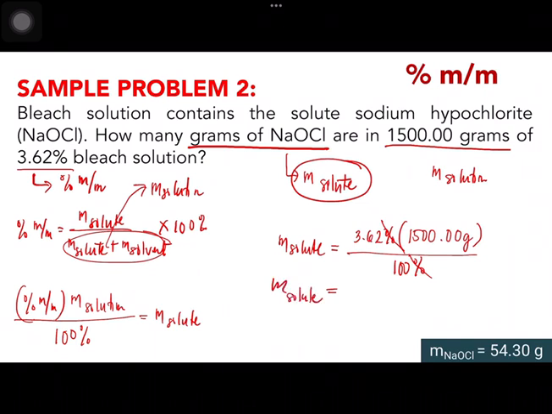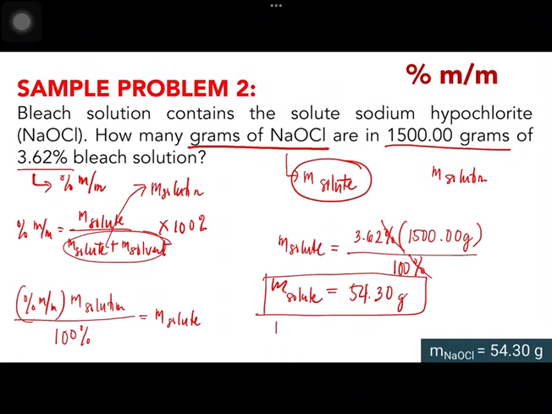So, just input in your calculator 3.62 times 1,500 over 100. So, the answer is 54.30 grams. So, ibig sabihin, kailangan mo ng 54.30 grams of sodium hypochlorite as your solute at maglagay ka na lang ng ample amounts of water para maka-reach mo yung 1,500 grams para maka-create ka ng 3.62% bleach solution.